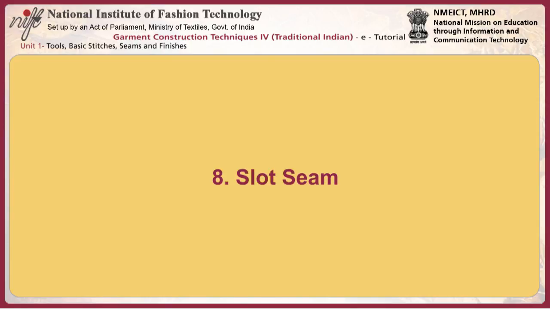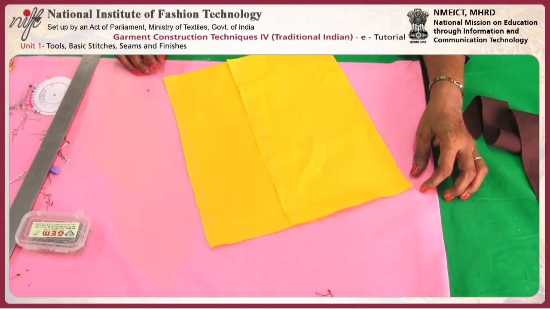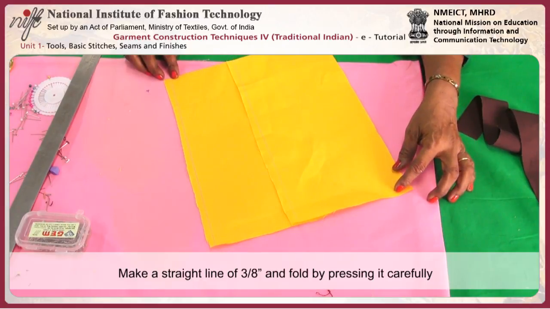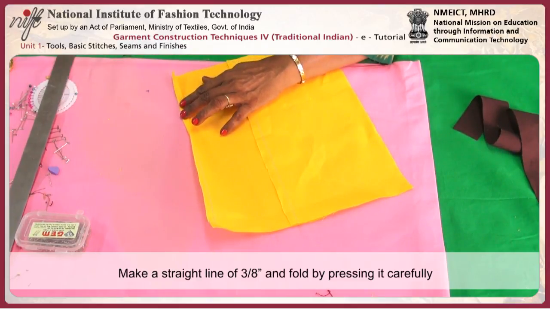Slot seam. Now we are going to do the slot seam. First make a straight line of 3/8 of an inch and do the fold by pressing.